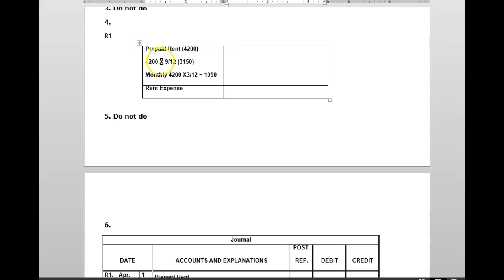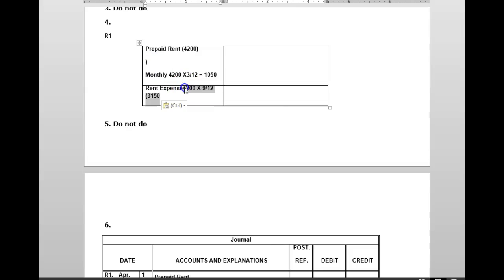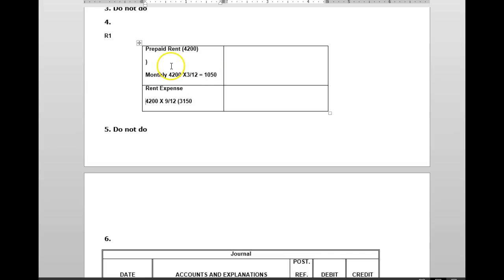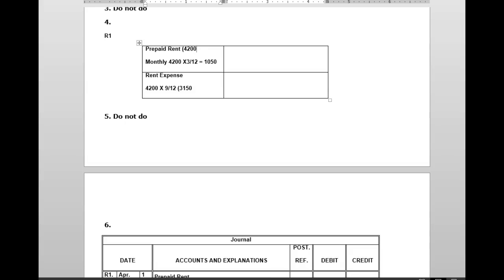So this is what is in the rent expense, and this is what's left in the prepaid account. And basically you'll probably be doing this every month, but this kind of shows you, and it would be easier if we did this in a T account, I think. So that's number 4. Clear as mud, right?